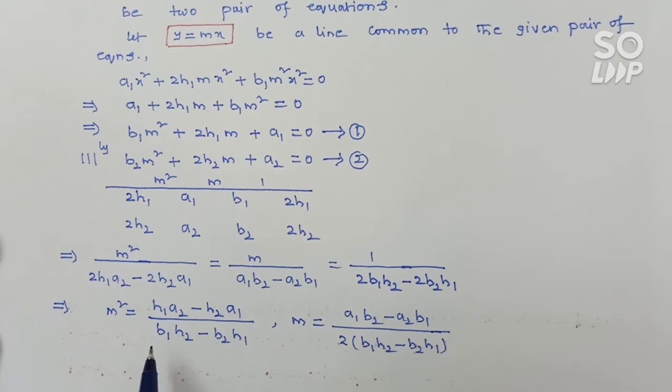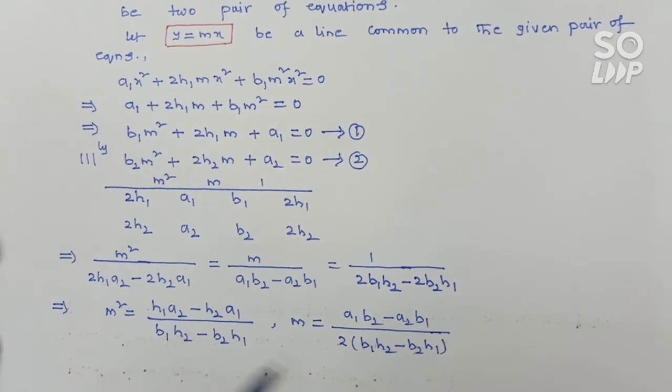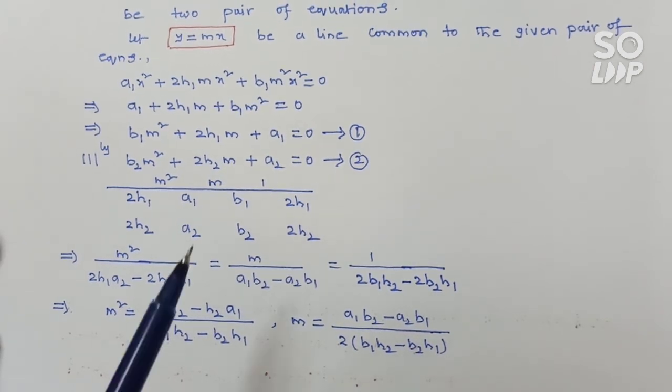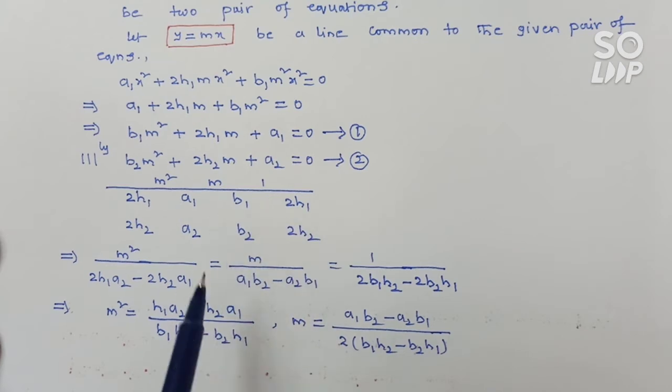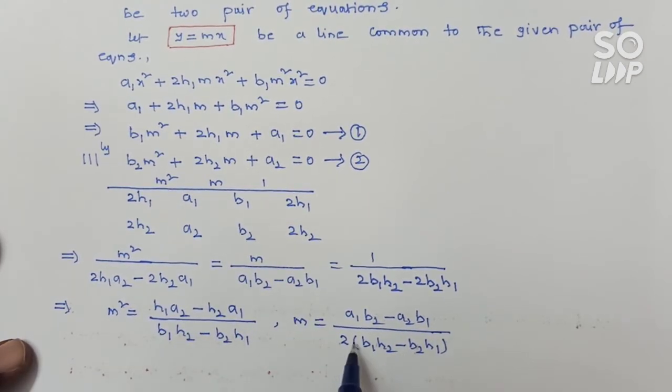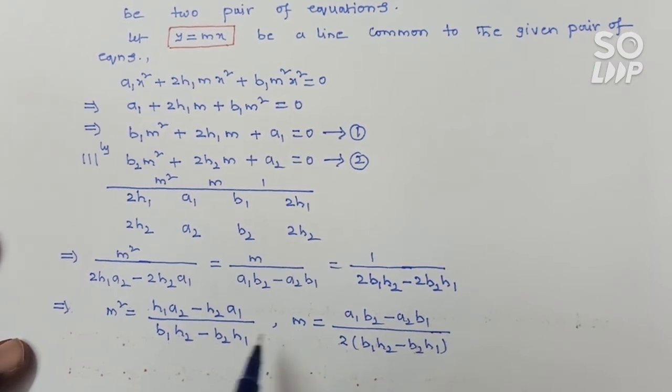Now, how can we find the required condition when the given two pairs of equations have a common line? This is the m square value, this is the m value. Now substitute the m value in m square.